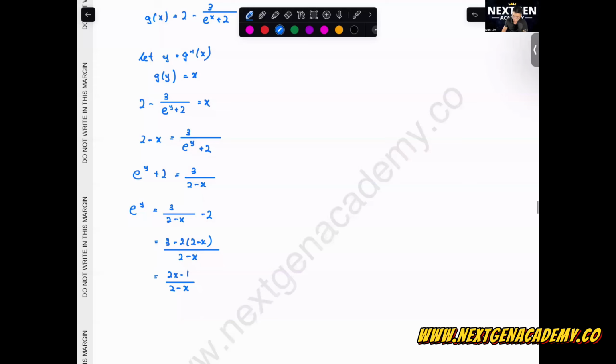So we take ln to inverse e, and we get y equals ln of (2x minus 1 over 2 minus x). So my g inverse x is ln of (2x minus 1 over 2 minus x).